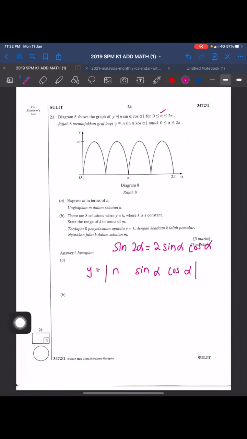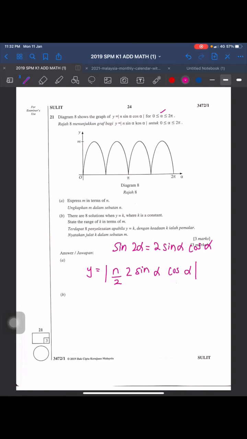Kalau saya letak 2 di sini, dia akan mengubah nilai equation tersebut. So apa yang saya boleh buat untuk mengelakkan saya mengubah value yang asal, saya boleh tambah bahagi 2 di sini.